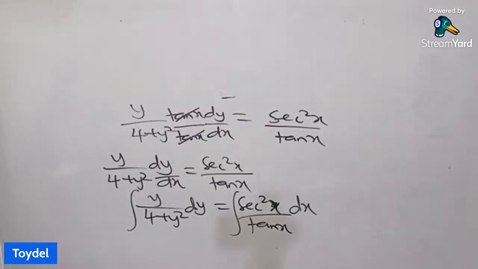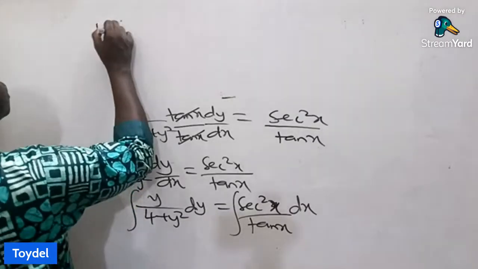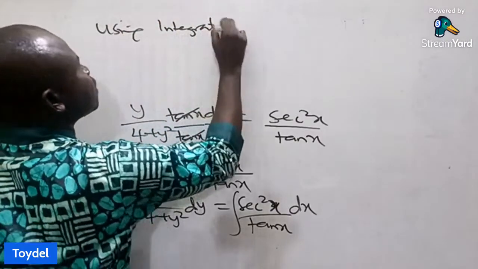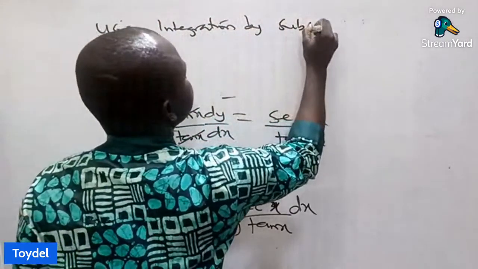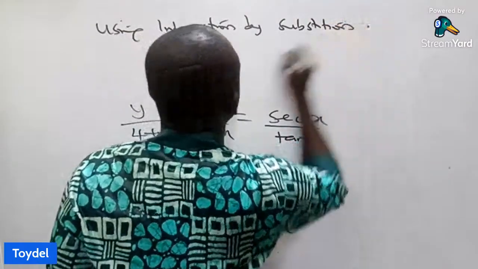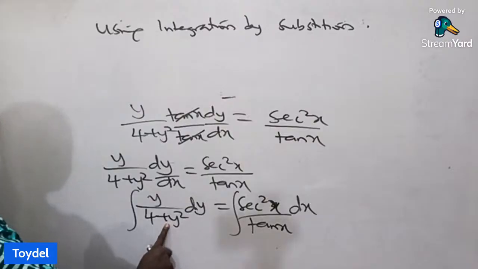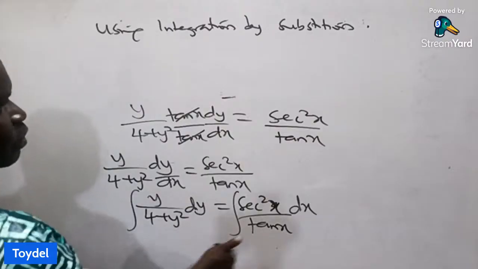At both sides, we are going to integrate using integration by substitution. I will let the denominator here be u.